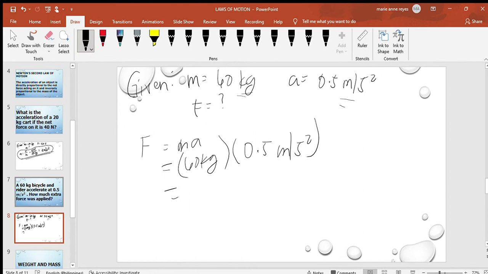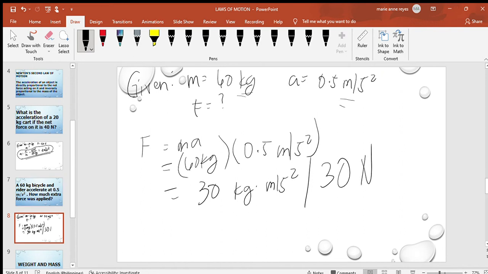So, what is the answer? We have 30 Newton. Okay, 30 kilogram meter per second squared or simply 30 Newton. Okay, so yan naman na yung paano ang pag-compute ng acceleration and force in relation with our Newton's second law of motion.